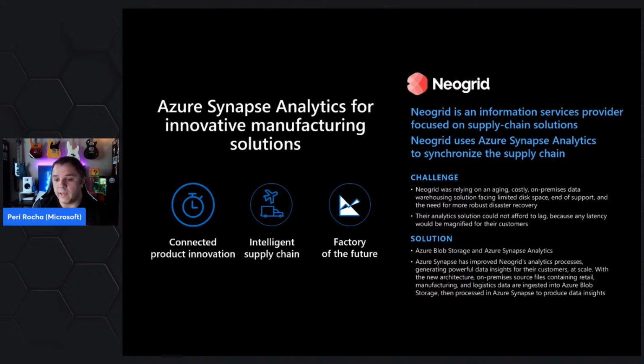The first one is NeoGrid. They are an information services provider that works globally. They have thousands of customers from Brazil to Germany to Japan, and in fact operate in more than 150 countries. The solutions they offer are for supply chains in manufacturing.